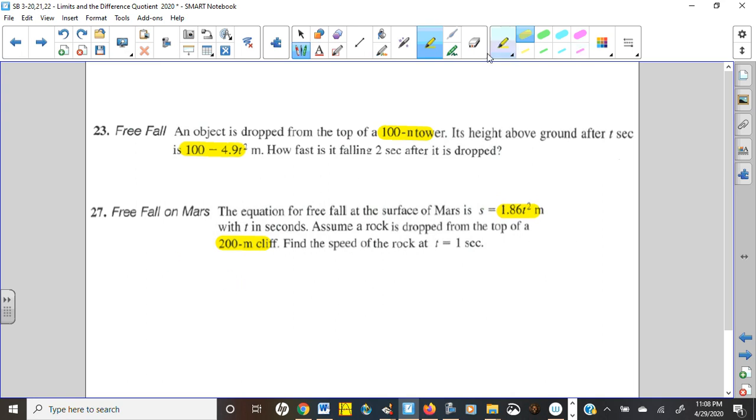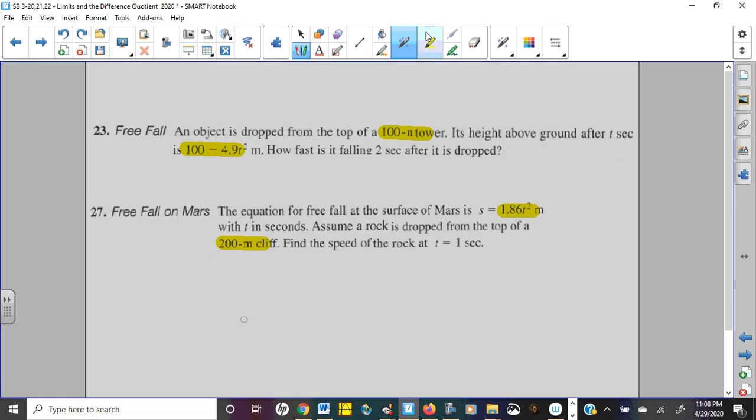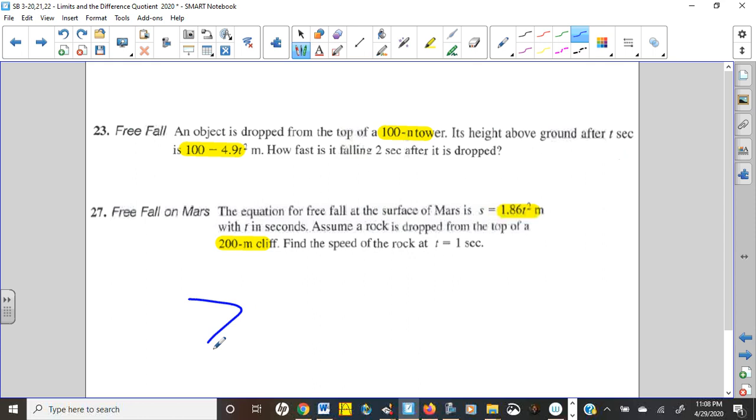So you'd have to know that's going to be 200 minus 1.86 t squared for your function. Okay. I think 27, 28 are very similar, but those are just a couple problems you'll be working on this evening.